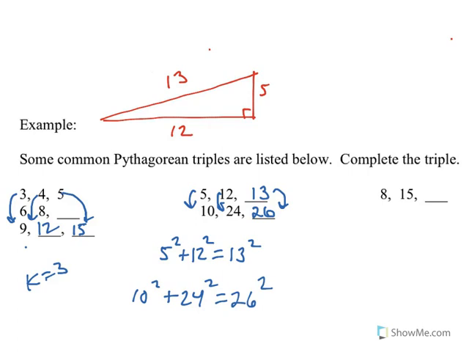And then another Pythagorean triple that again is a different shape than the 3, 4, 5 and the 5, 12, 13 is the 8, 15, and this would have to be 17. So in order for this to be true, 8 squared plus 15 squared would need to be 17 squared. So those are your Pythagorean triples.